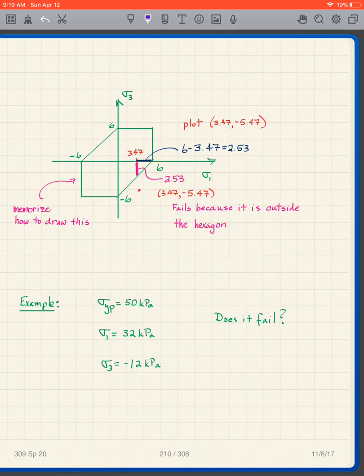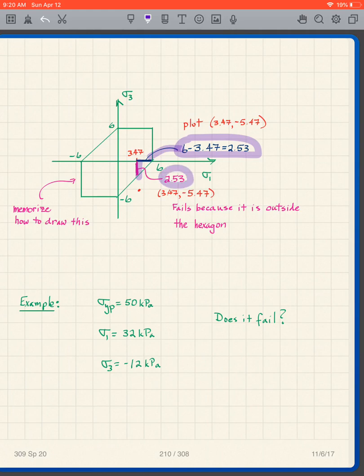Now, the easiest way to figure out whether it's inside or outside the hexagon is this. I was given this is 3.47. I know that this is 6. So I can create a little triangle here, and I get this is 6 minus 3.47, which is 2.53, and I know it's a 45-degree angle, so this distance right here is also 2.53.